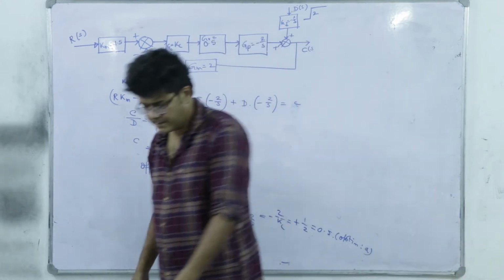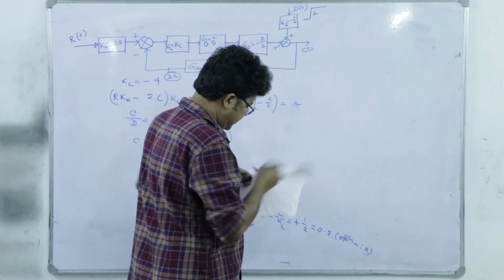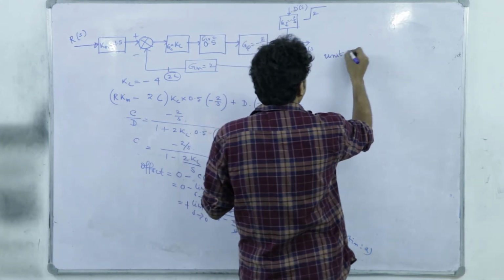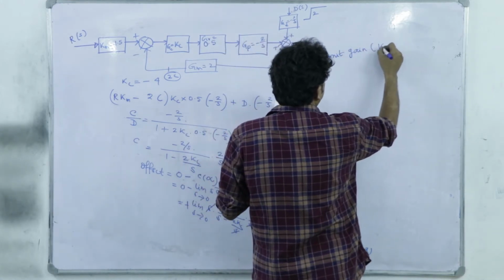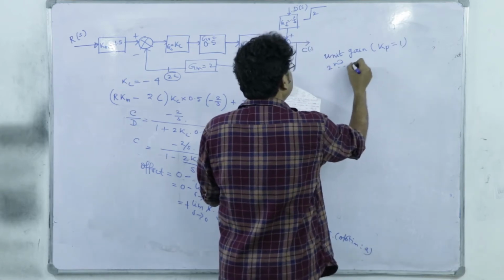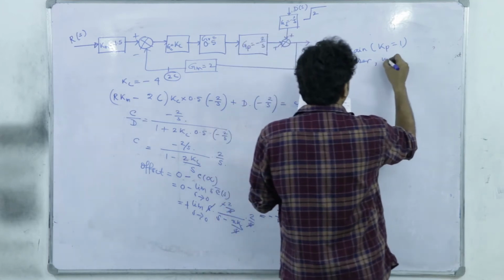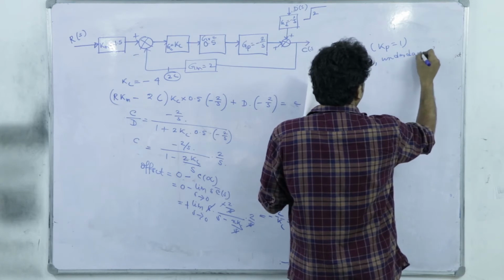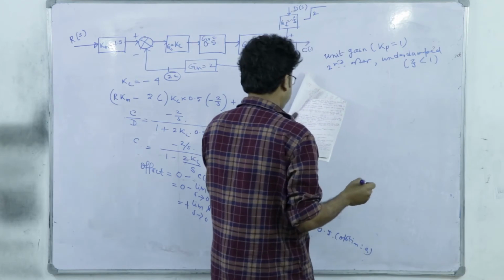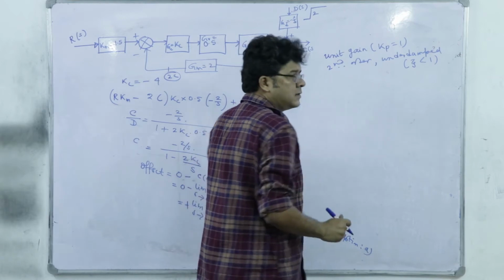Next question is also a GATE question. A unit gain, that is Kp equal to 1, second order under damped process, zeta less than 1, has a period of oscillation of 1 second, right.